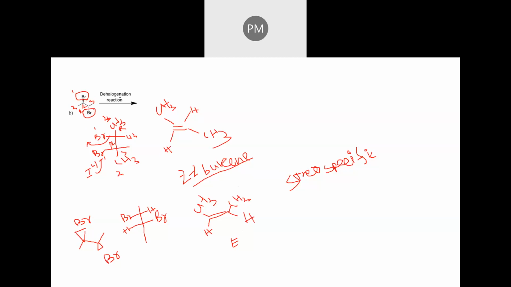If we draw this in a Fischer or Newman projection, it will look like this. To confirm whether this drawing is right or not, we use RS nomenclature. The bromide is the first priority, this one is the second priority, this one third priority, 1, 2, 3, and our fourth priority is below. So this will be R.